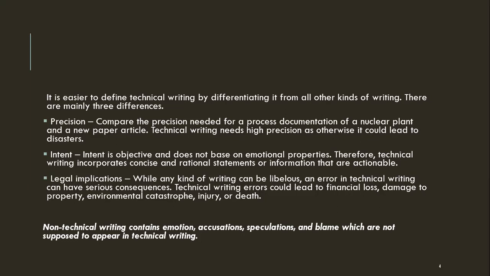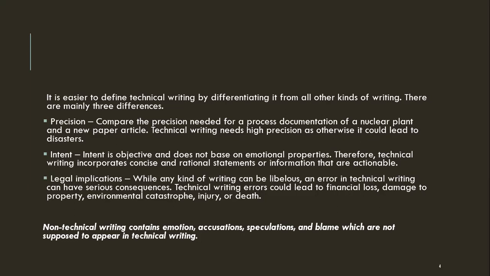So if you are writing a technical piece about a nuclear plant, you have to evaluate the outcomes, the persisting circumstances, and so on. It should not be something vaguely speaking about the topic. It has to be precise. Then intent. The intent is objective and does not base on emotional properties.